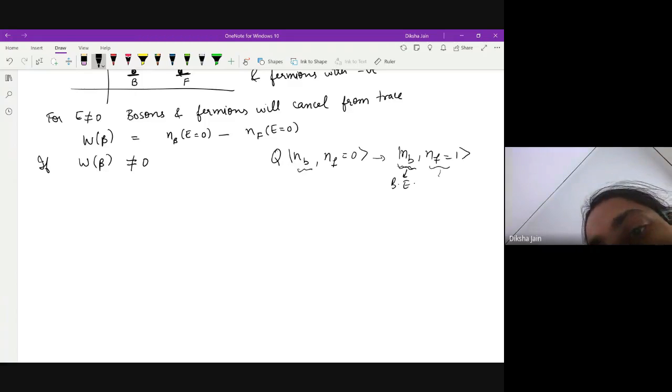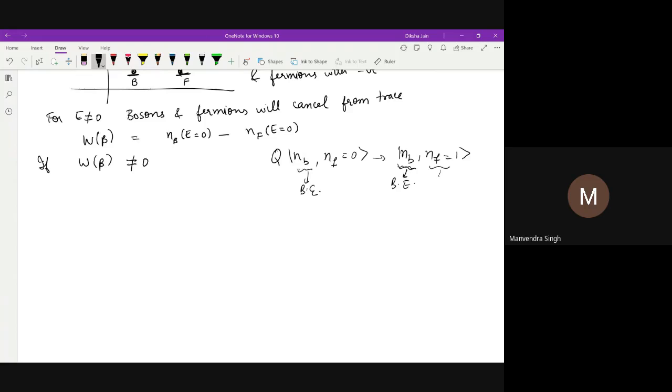So this part is still satisfying the Bose-Einstein statistics. I'm asking whether this RHS, collectively, is following Fermi statistics or not. This NF is following the Fermi statistics, but the whole?